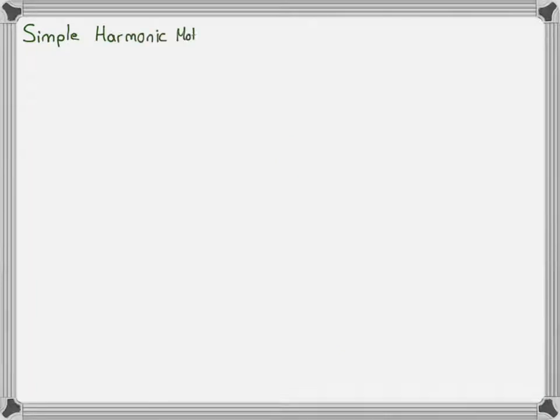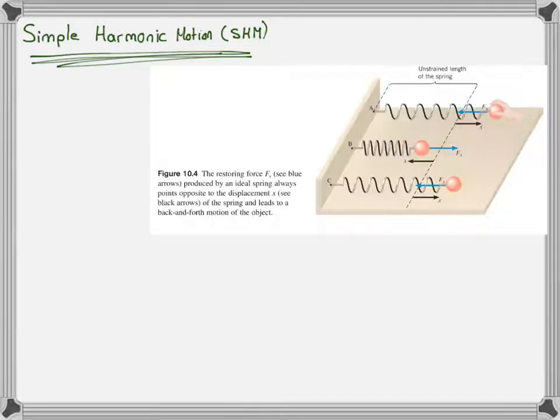Now, simple harmonic motion occurs because that spring constant force is trying to return things to equilibrium. So if we imagine here that we stretch out a ball, and then we release it, the ball is not immediately going to go back into its equilibrium state. The spring is going to exert a force until the ball reaches its equilibrium state, and then the force is going to be stopped.